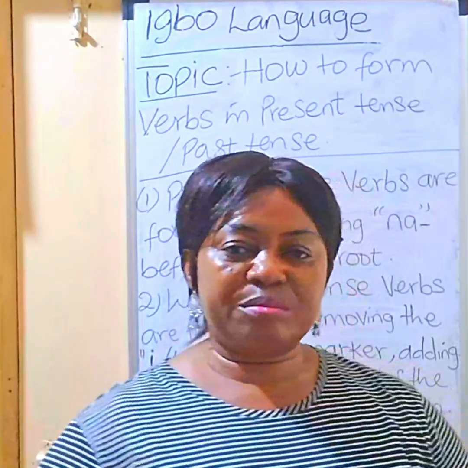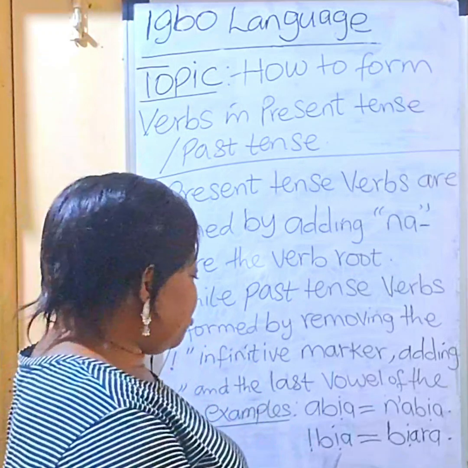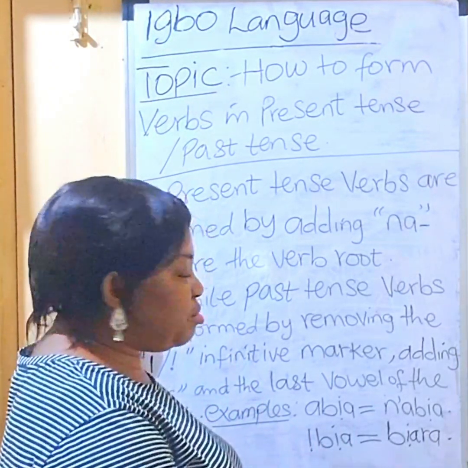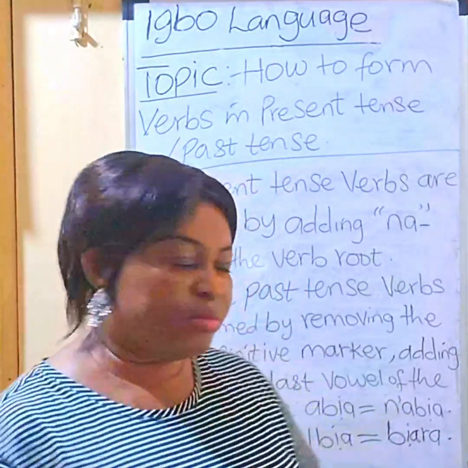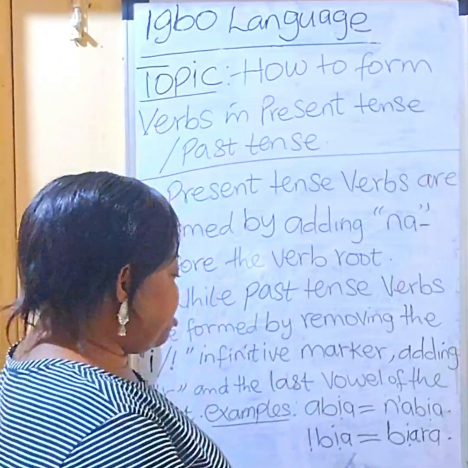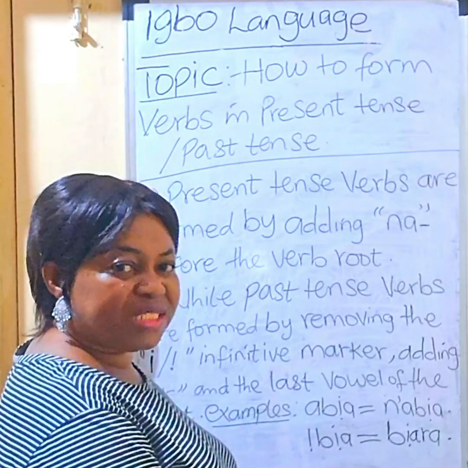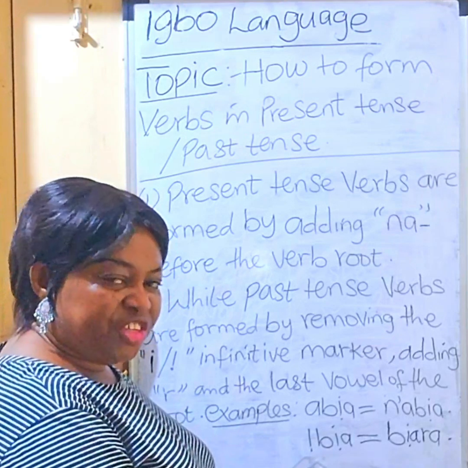To form verb in past tense, like here we have ibia. Ibia means to come. Ibia, to come. This ibia, when you want to change this ibia to past tense, you remove this infinitive marker e.